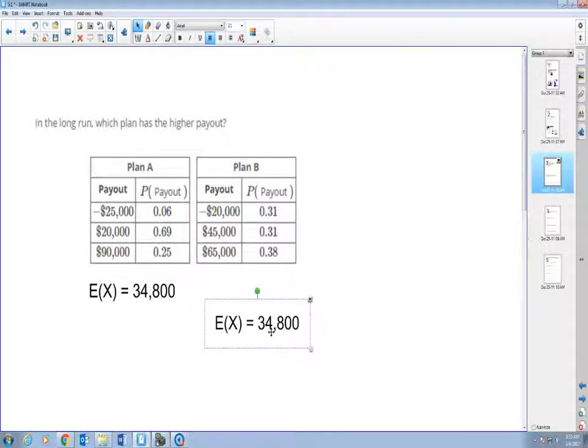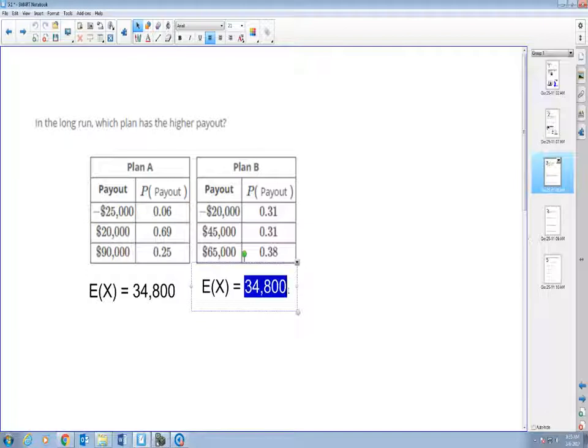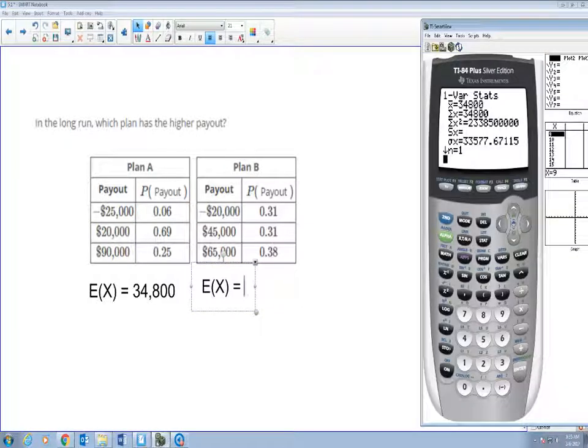Alright, let's see what plan B is. What's the expected value? We are comparing the mean in the long run, which is the expected value. So I'm going to go back under edit. Negative 20,000, 45,000, 65,000, with probabilities 0.31, 0.31, 0.38.